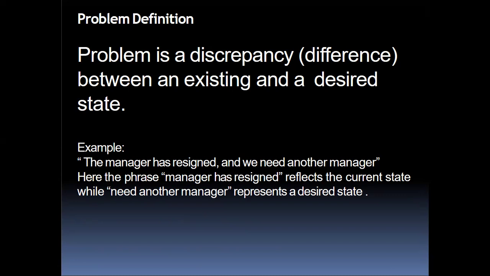In the staff hiring process also, we require a thorough decision making ability to find the right person for the right position. So decision making is nothing but finding the difference between the current existing state and the desired state.